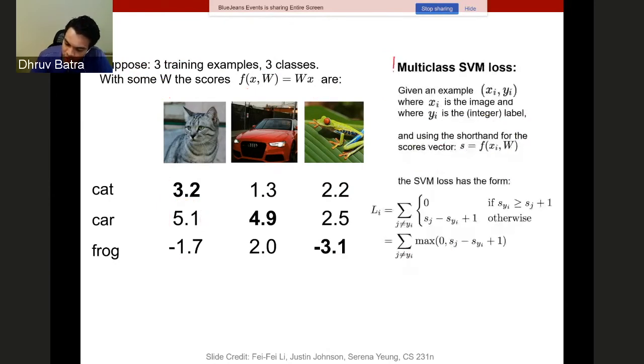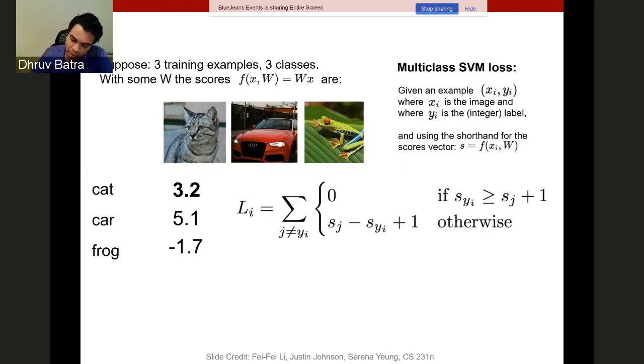So the first quantification we will do is through something called the multiclass SVM loss. This is a generalization of binary SVMs. If you've seen them in an intro to machine learning class, the same intuitions apply. Instead of just throwing this formula at you, let me start diving into a bit of the detail.